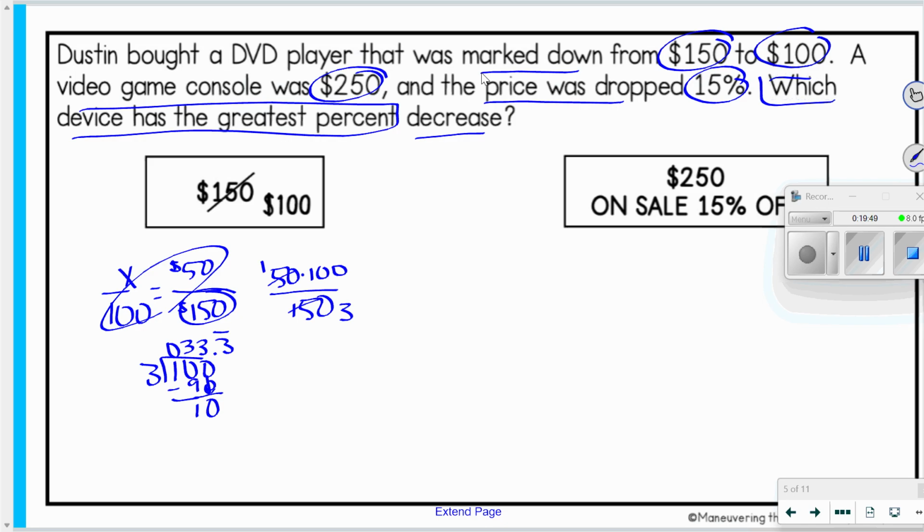So what do I need to do to set up the other one? You divide 15 by 100 and then you multiply it by 250, because 250 was the original price, right? So you can do 15 over 100, and on this side, I know it's 250.